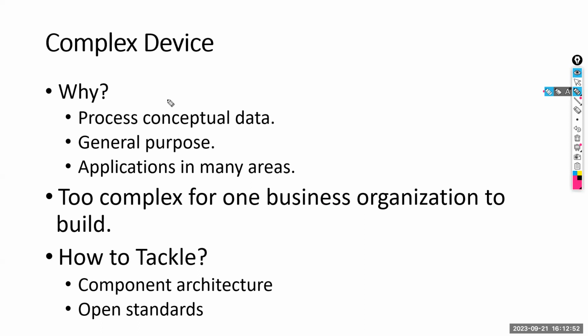One is computer processes conceptual things. So processing conceptual things is always more challenging. Like more challenging than designing a blender, designing a washing machine, designing a fan, because we process data conceptually.